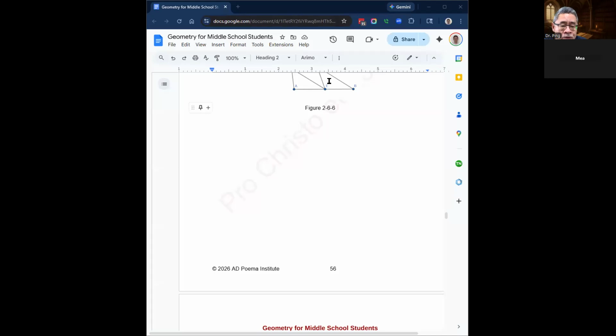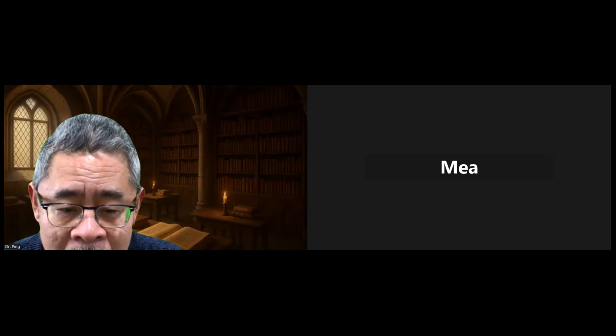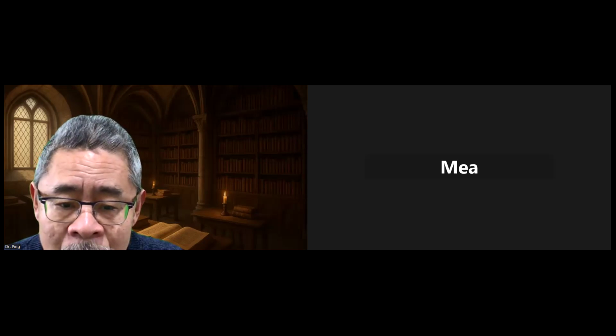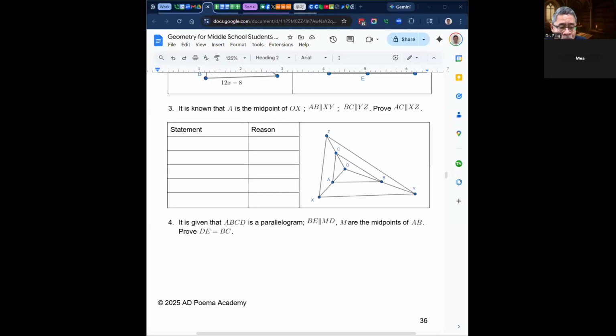Do you see both or just one? I only see one. Hmm. Yeah, it doesn't allow me to see both. Well, now we're just looking at this one and reviewing what we learned on the theorems.